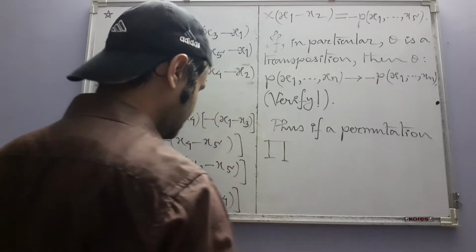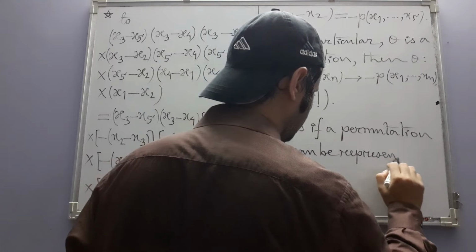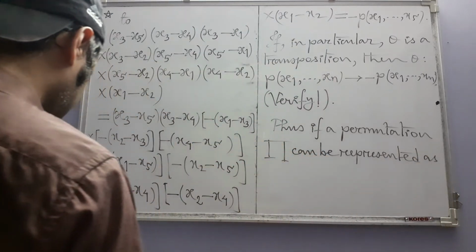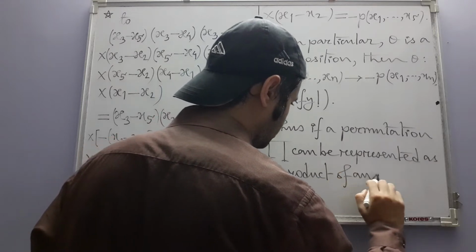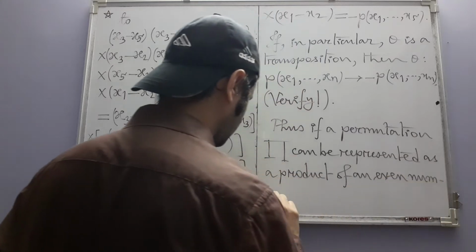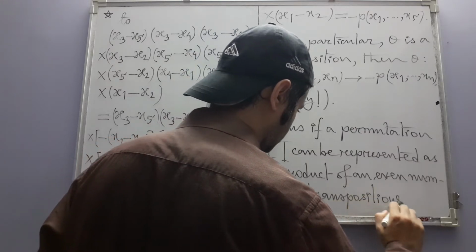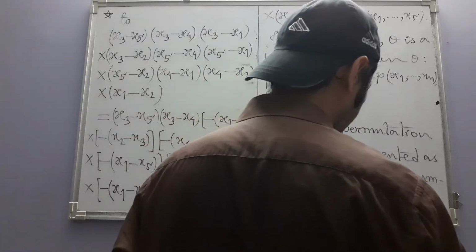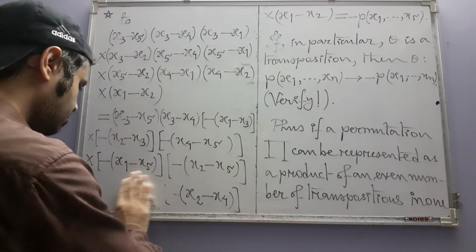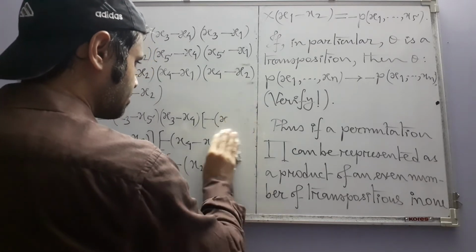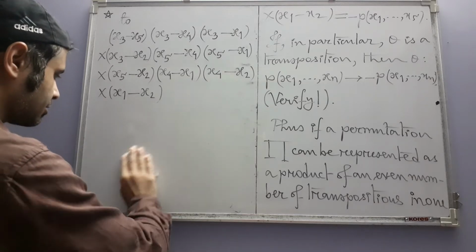I don't know why, but it's just a permutation, that's it. If it can be represented as a product of an even number of transpositions in one representation, one of the representations of this capital Pi has an even number of transpositions involved, then it will keep P fixed. It will not change P to minus P.